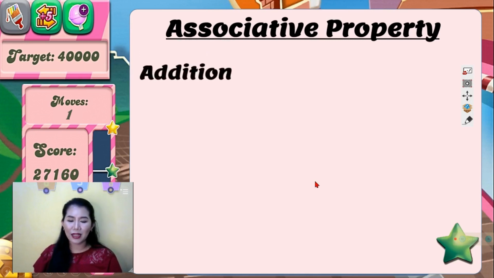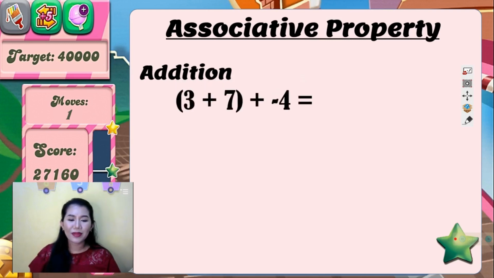Okay, so for addition, for any integers A, B, and C, the sum of A and B added by C is equal to A plus the sum of B and C. Nagets niyo ba yun? Okay, so ganito yon.